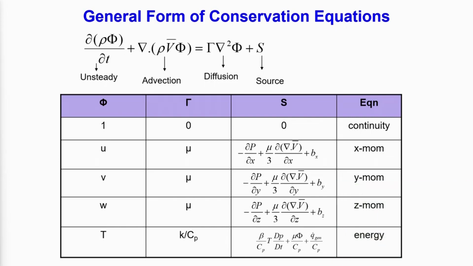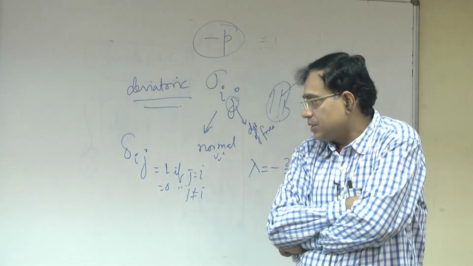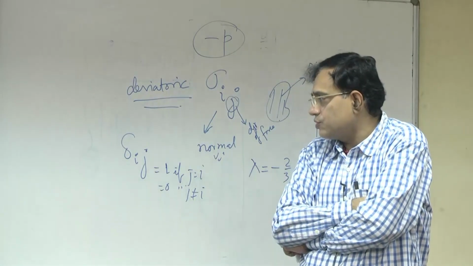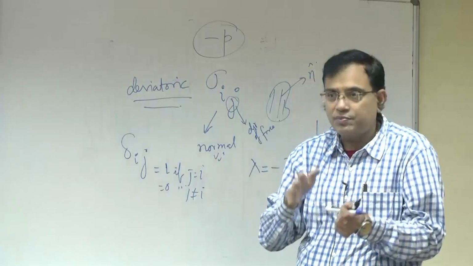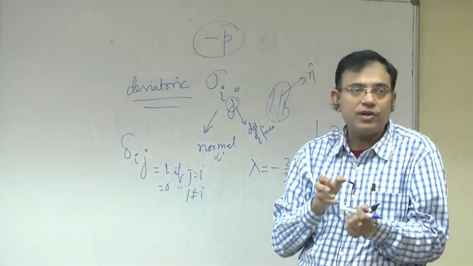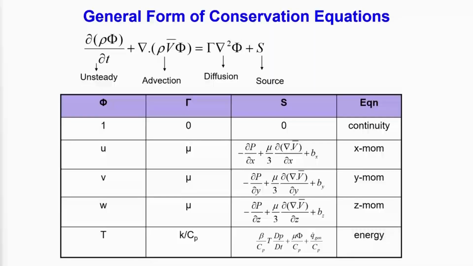And if you write phi equal to T, which is the temperature, and gamma is K by Cp, where K is the thermal conductivity and Cp is the specific heat at constant pressure, and you have these additional terms which are related to heat generation, the viscous heating effect, that means because of viscous friction between different fluid layers there is an internal heating. So, with all those coming into the source term, you can get the energy equation.